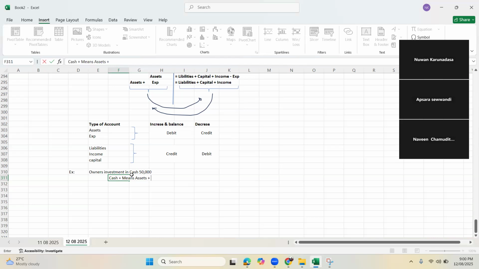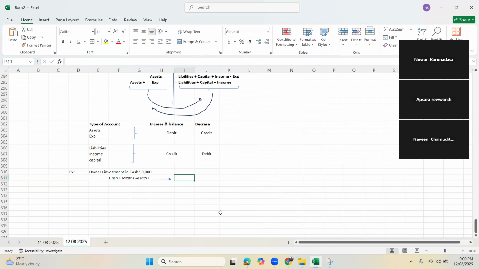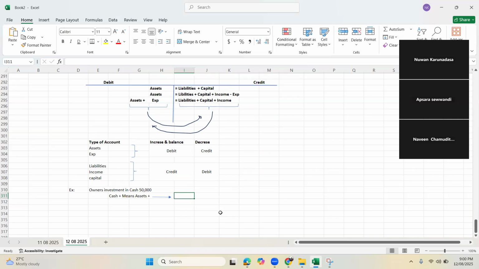Asset increases, what do we do? Debit. Asset increases, debit. Then see the double entry: cash account, debit.